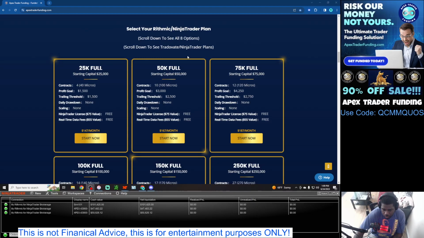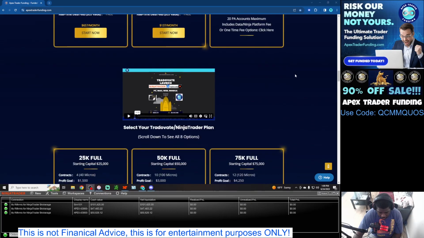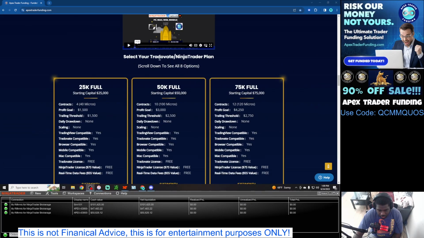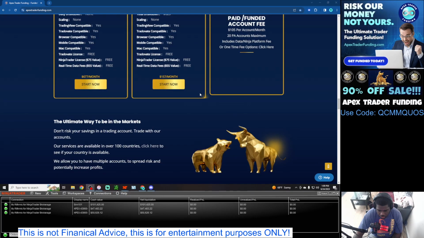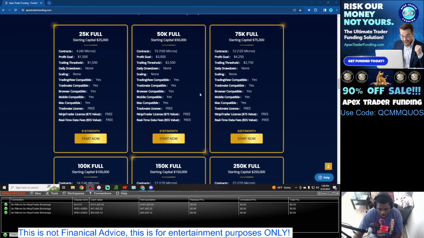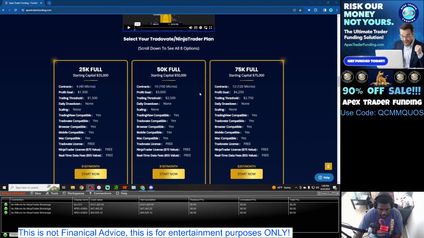Now, if you aren't able or don't want to, you can still trade on your Mac. They have a Tradovate and NinjaTrader plan, which is pretty much just NinjaTrader, or you can use the Tradovate platform to trade off of, which is another platform you can trade from PC or from your MacBook.